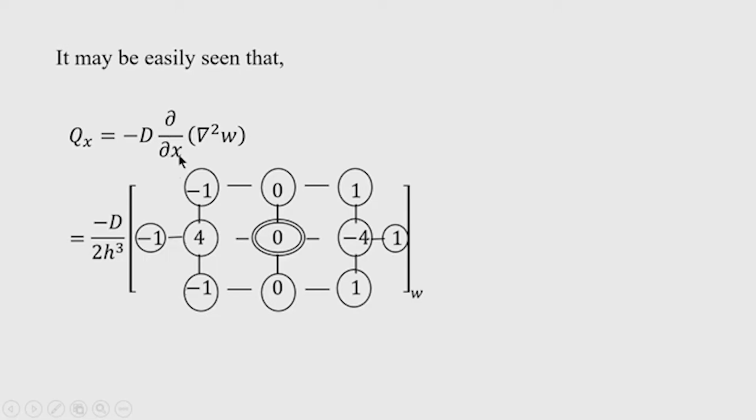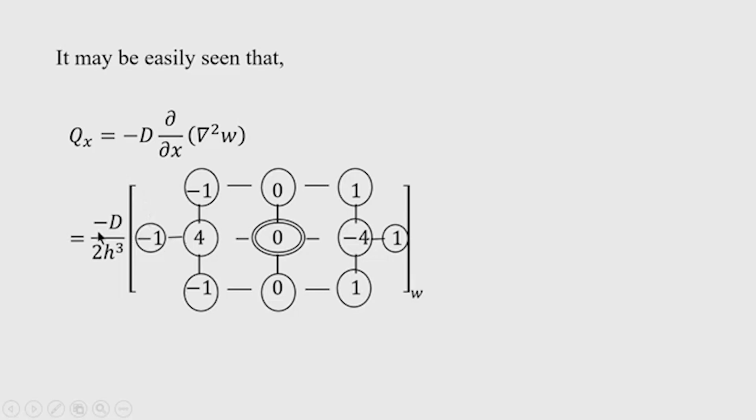The del by del x operator is already known, it is 1 by 2h times minus 1, 0, plus 1. When we operate this del by del x on the Laplacian del square w, we get this stencil for Qx.